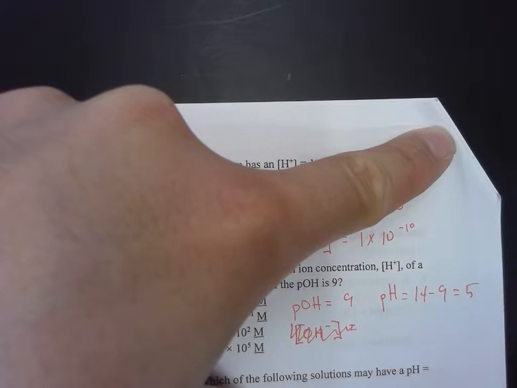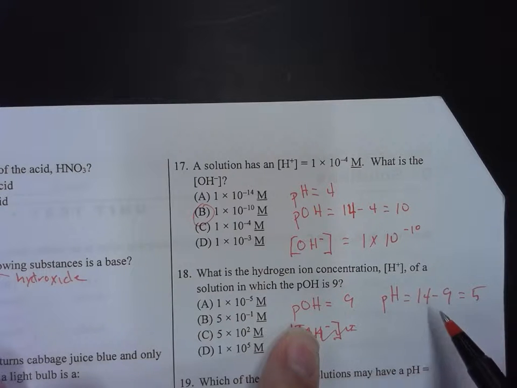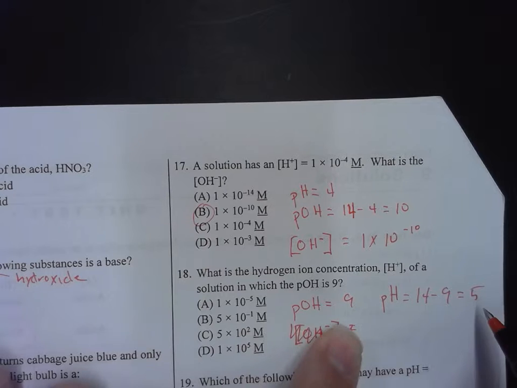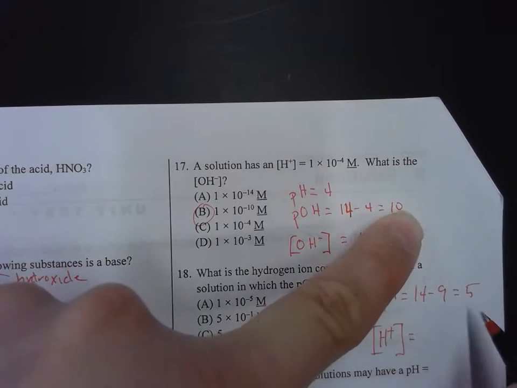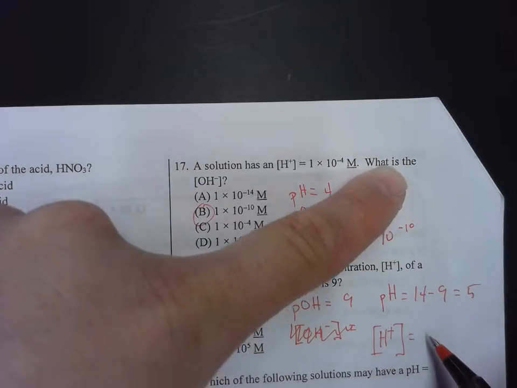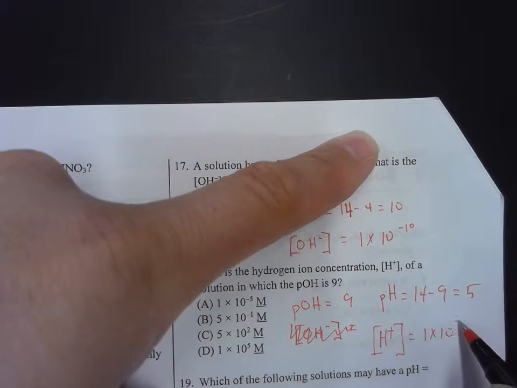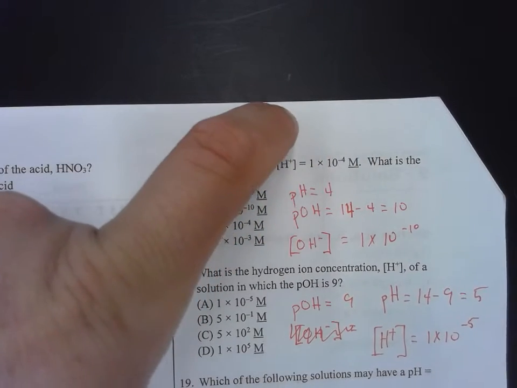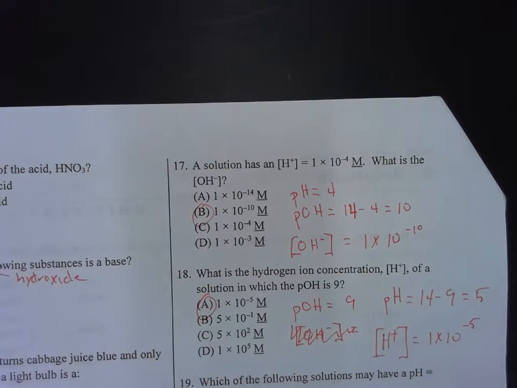Remember, if you have pOH and want to find pH, or vice versa, you just subtract that number from 14, which is the pH scale. So your pH is 5. To figure out the H+ concentration, take the negative log, which means turning that number into a negative exponent: 1 times 10 to the negative 5. That's letter A. Very simple.